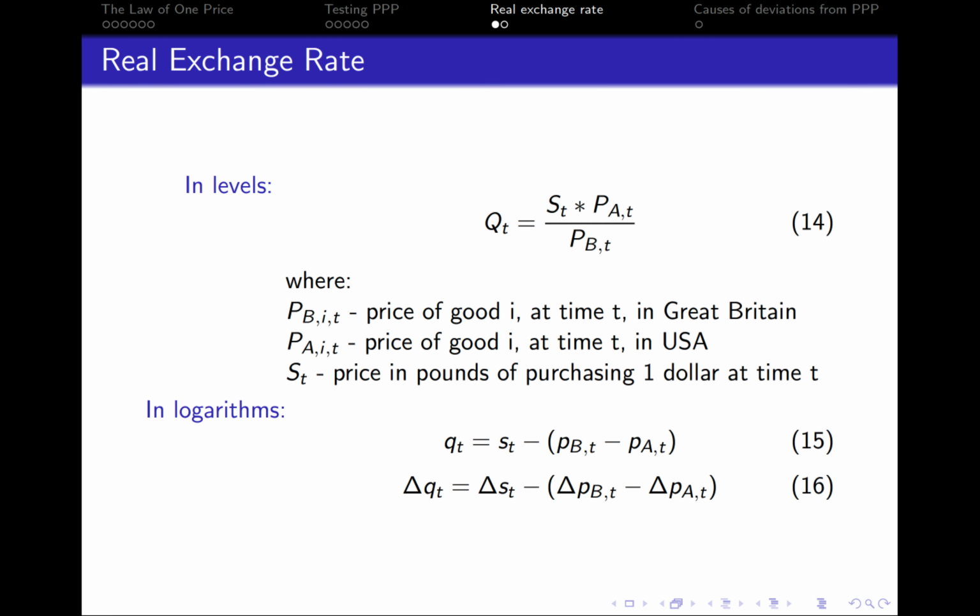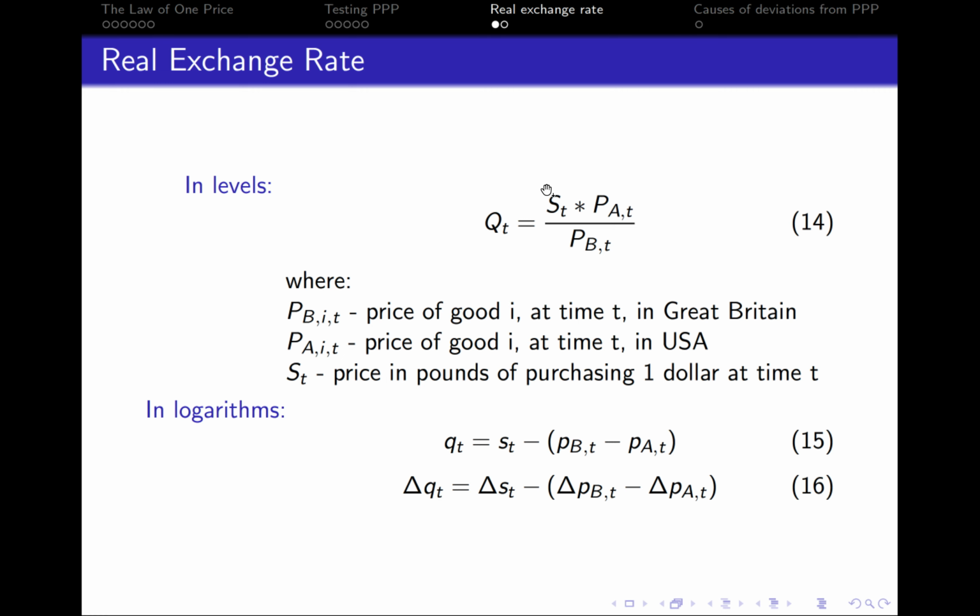Let's go back here for a second. This in principle is the British real exchange rate because we calculated it for Britain. We've taken the British price level, which we have over here, and the American price level, but expressed in British currency.